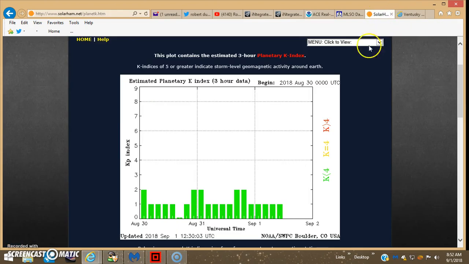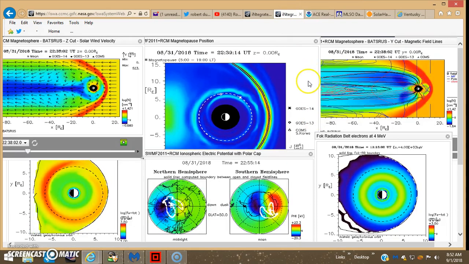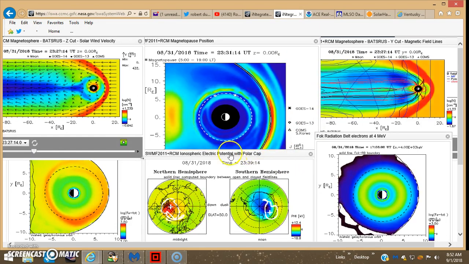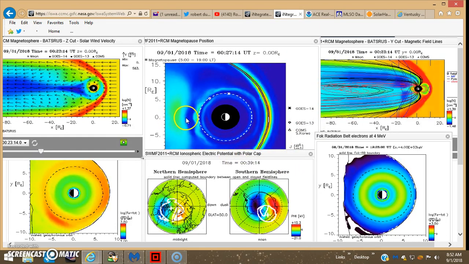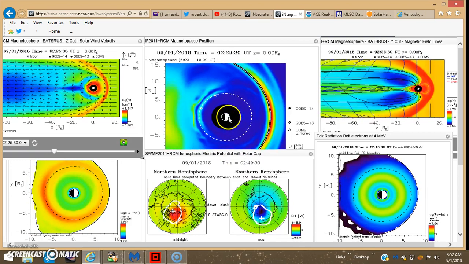But anyway, there's the KP index, so you can see again that we're not experiencing a lot of space weather from the sun, but we are experiencing a lot of space weather from behind the Earth, because this indicates the Earth here, this little circle.